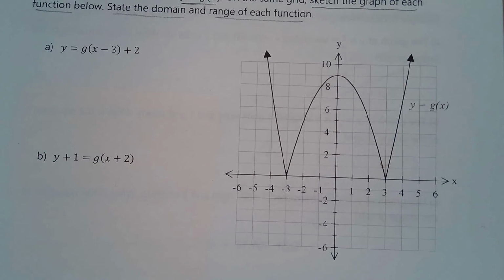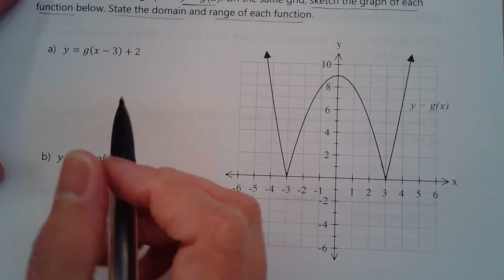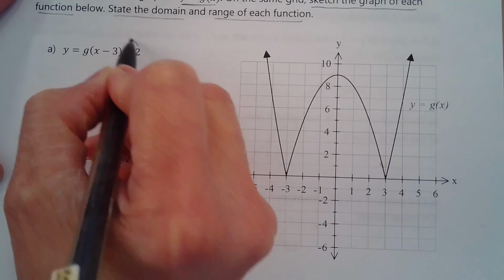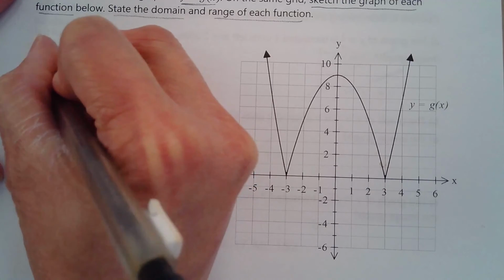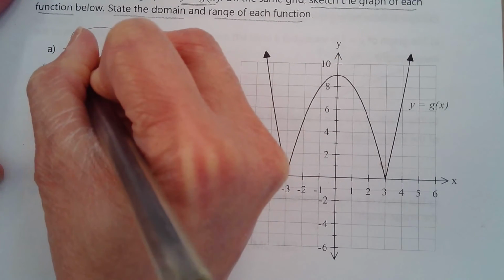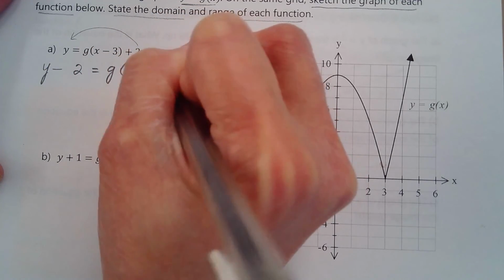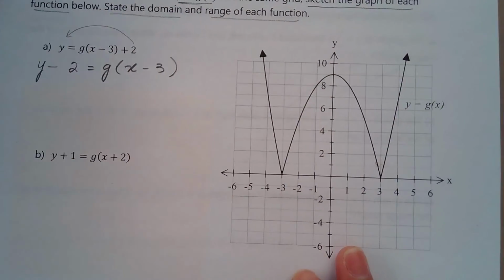What's happening in here? If you want, you can take this to the other side. So it's going to be y minus 2 equals g of x minus 3. Okay?